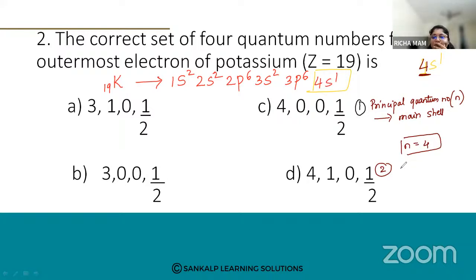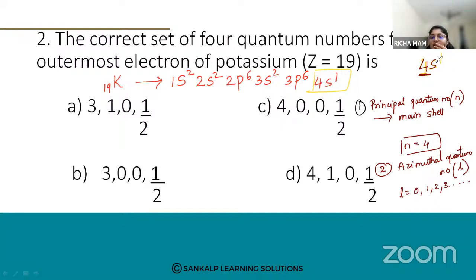The second one is the azimuthal quantum number. It is represented by l. It starts with l equals 0, 1, 2, 3, etc. When it is 0, it is the s orbital.